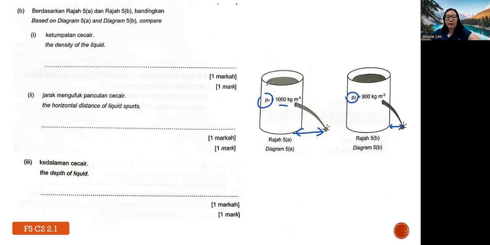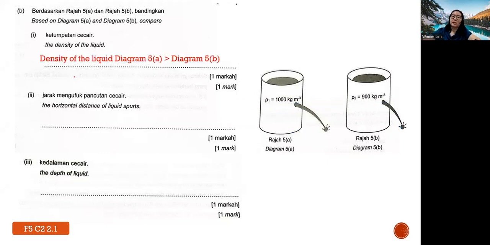Then the depth, are they the same depth or not? You can try to put a line across. Basically they are at the same level, so they have the same depth. This is how you write your answer. Density of liquid in 5A is more than in diagram 5B. Then the horizontal distance of liquid spurt in diagram 5A is more than diagram 5B, or you can use words, or as teacher says, or vice versa.